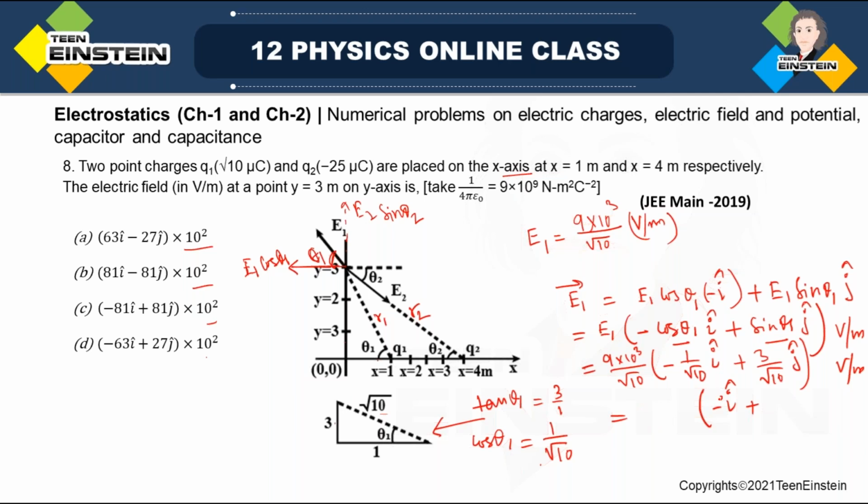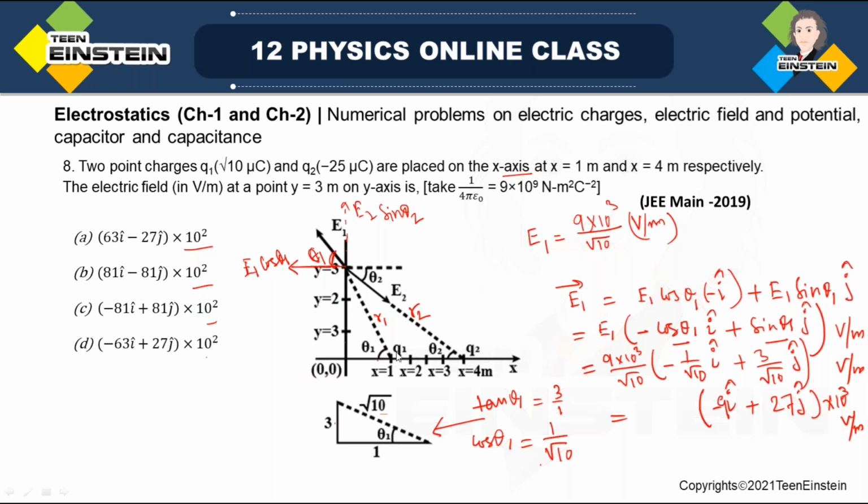This gives minus 9 i cap plus 27 j cap into 10 to the power 3 volt per meter. So this is the vector form of the electric field produced at this particular point due to the charge q1.